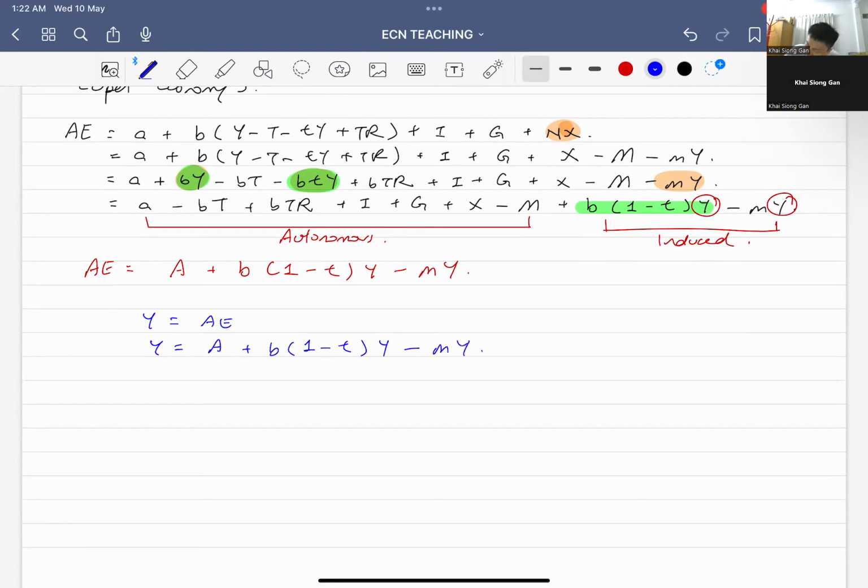So I move those with Y to the left. It will become Y minus b bracket 1 minus t Y plus mY equals A. And I factorize here, it will become Y bracket 1 minus b bracket 1 minus t, plus m.